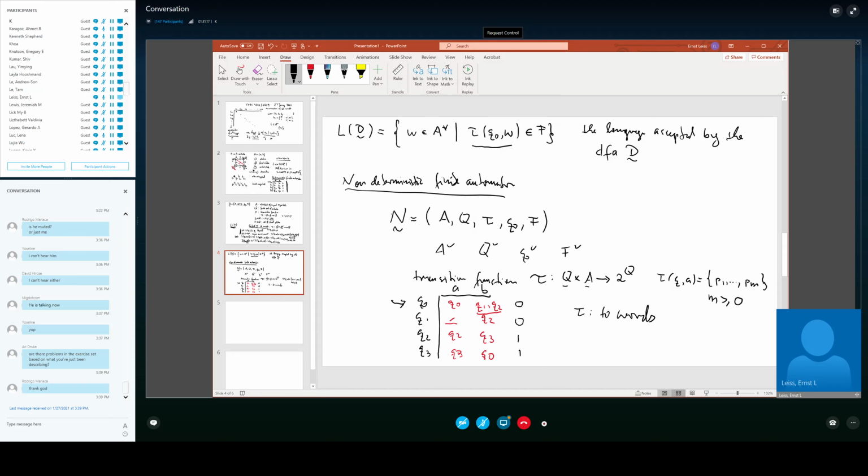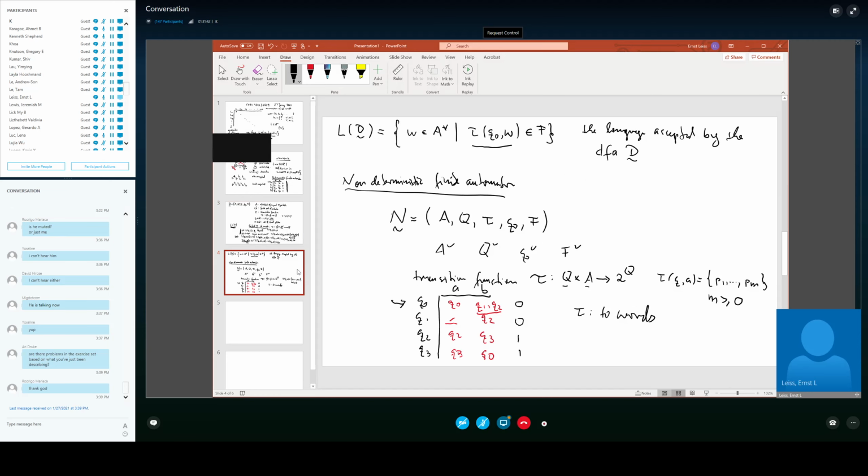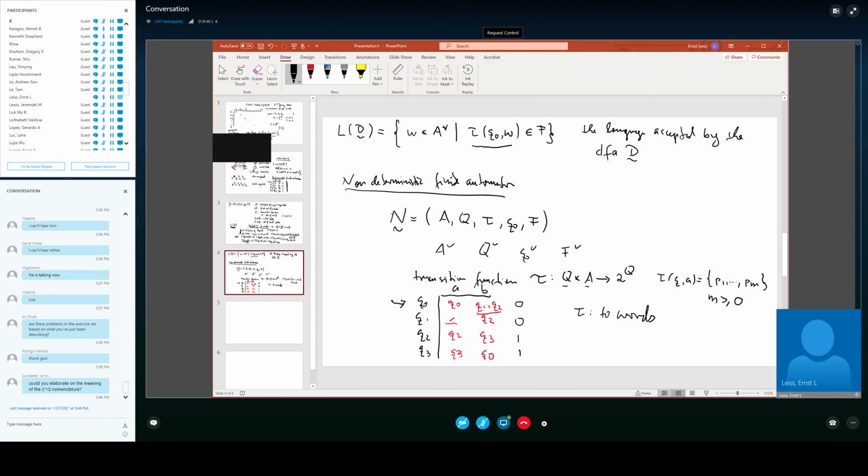That turns out to be a little bit more complicated than before, because if you go from Q0 to B, then you end up with two states. And that doesn't allow us to do the extension that we did before, because that was basically predicated upon the fact that that will always give us a single state. Now it will have to give us more than one state.